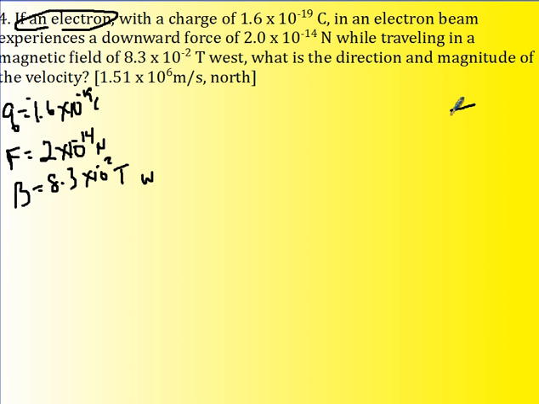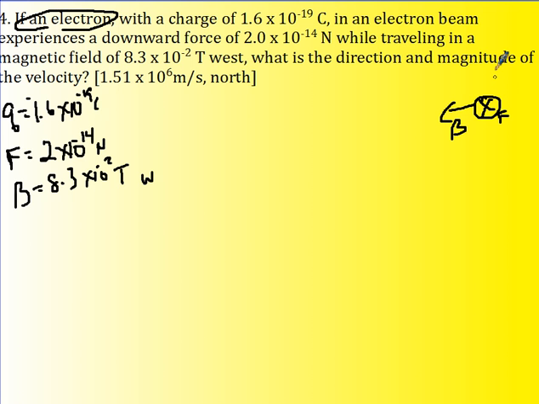So B is west. And the force is down. So that's the force. What is the direction and magnitude of the velocity?